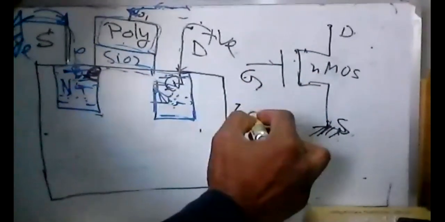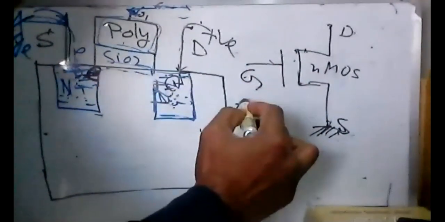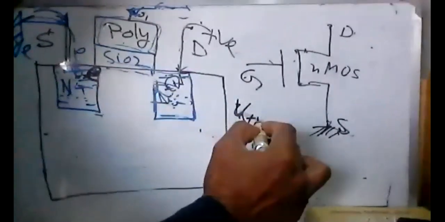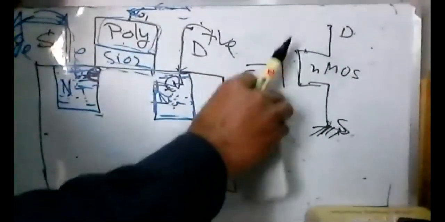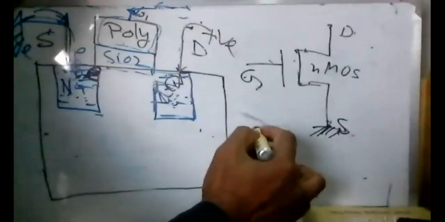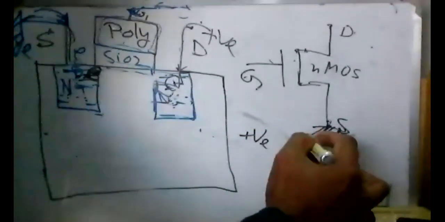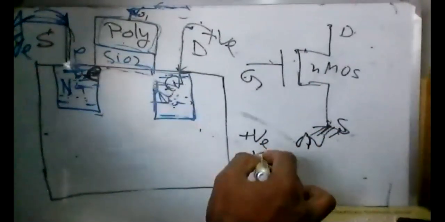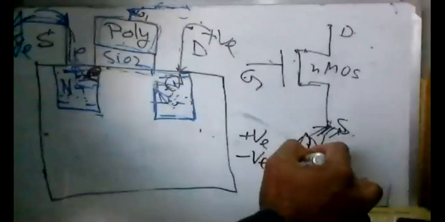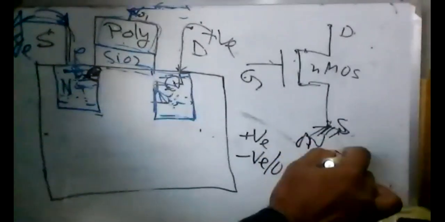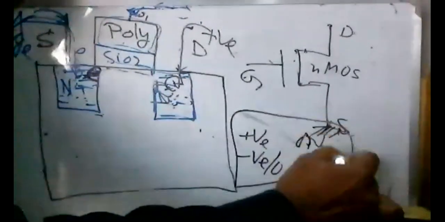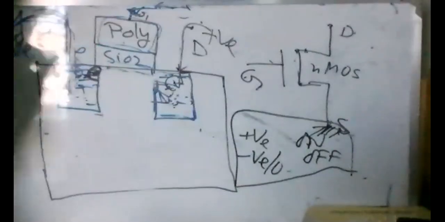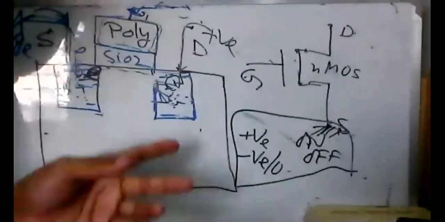Gate voltage positive means transistor on, and negative or zero means transistor is off. This is our conclusion, right? So this is for NMOS.